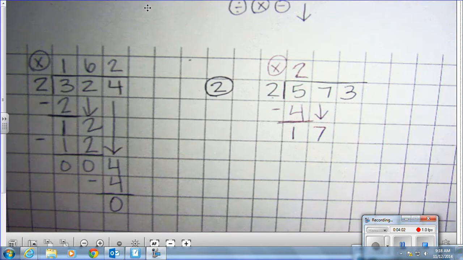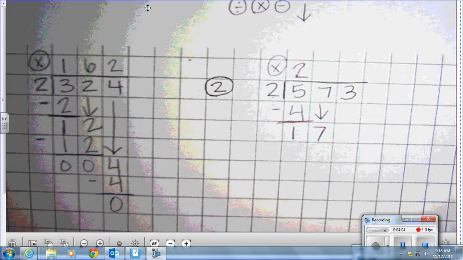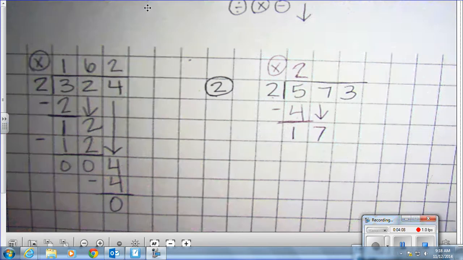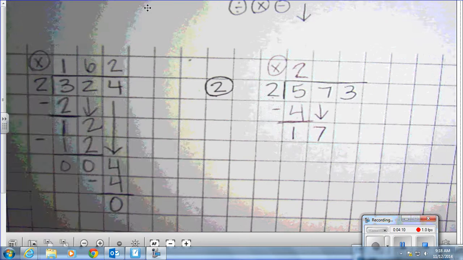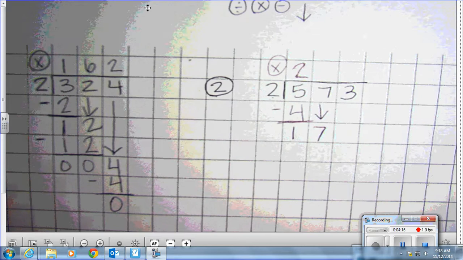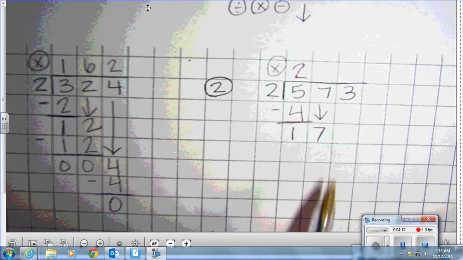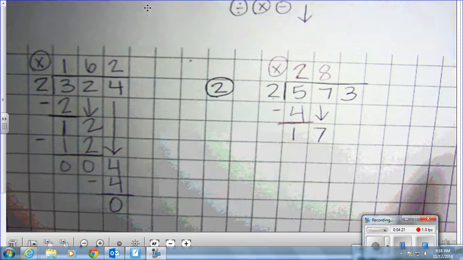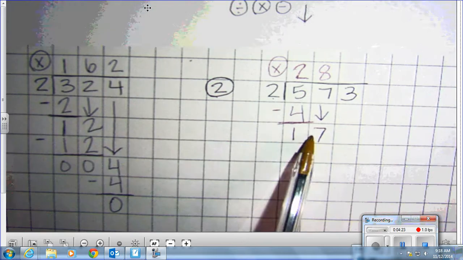Can I go a little bit more? 2 times 7 is 14. 2 times 8 is 16. 2 times 9 is 18, but that's too far. So what's the closest I can get to 17? 2 times 8. So 2 can be divided into 17 8 times.